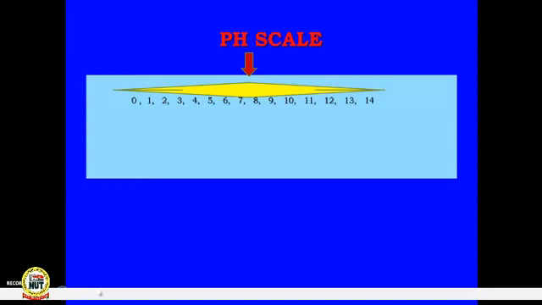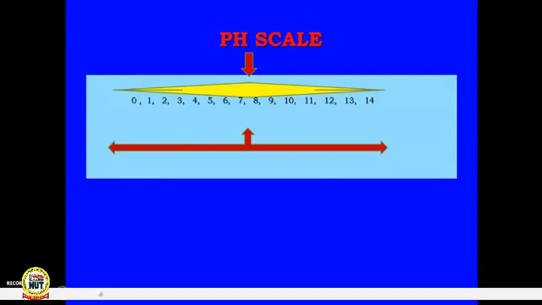The pH scale is basically a scale which is numbered 1 to 14. Yes, it's numbered 1 to 14. And 7 is actually the neutral point, meaning at 7 it is neither alkaline nor acidic.